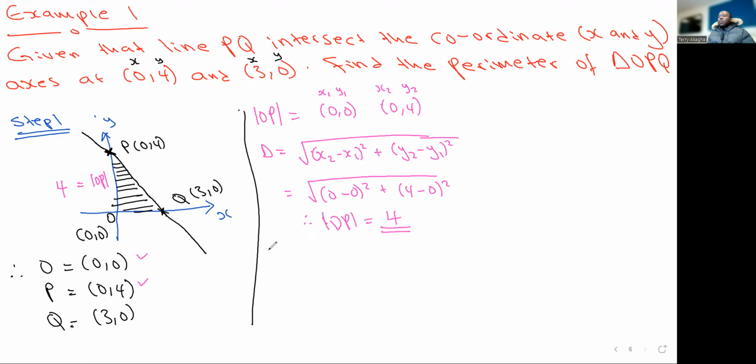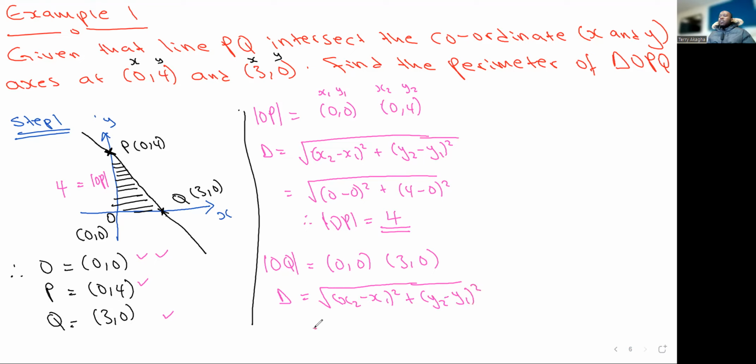The next one, we can find OQ. So we have O and Q. This time we're going to be using O and Q. So we have O to be 0 and 0, and Q to be 3 and 0. We know the distance formula for this is equal to the square root of x2 minus x1 squared plus y2 minus y1 all squared.